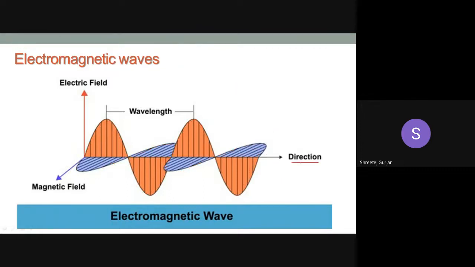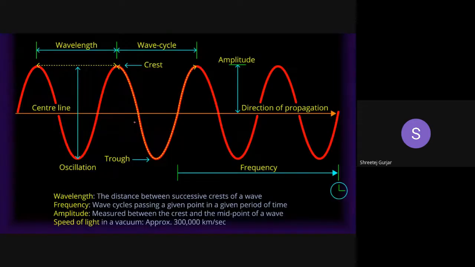Okay, so this is the direction in which the wave is propagating, and one wavelength. What is one wavelength? It is the distance measured from crest to crest. Okay, so let me tell you what is crest and what is trough. Here you can see we have a simple wave. I am showing you on your screen, and this is the direction of propagation.